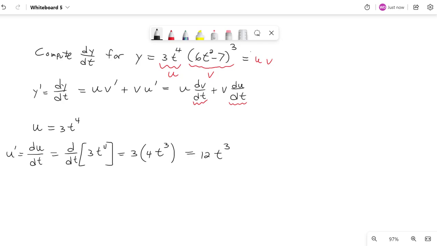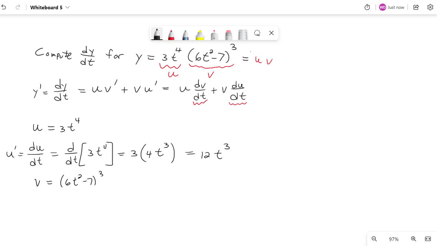Okay. The next one is v, which was equal to (6t squared minus 7) cubed. Now this would require what's called the general power rule.